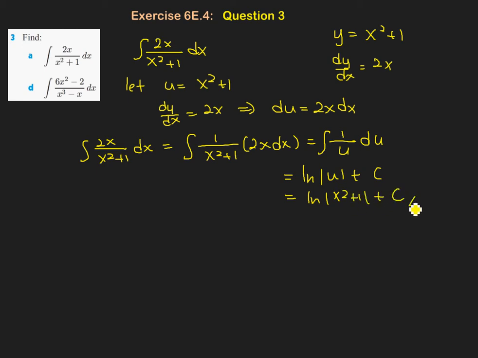And that's it. That's the answer and the solution. And if you want to check whether you're correct or not, what you do is you differentiate your answer and check whether you would actually get this back. That's one way for you to check.